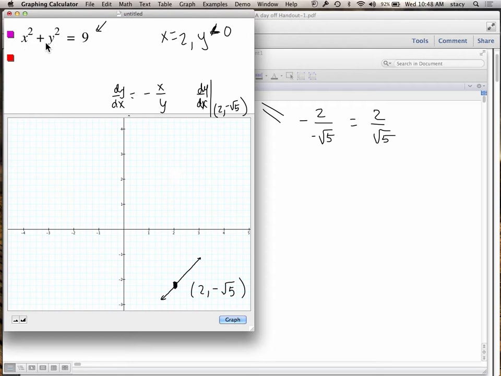I'm going to start calling on people again. Harrison, are you here? Equation of the line? For this, I want the equation of the tangent line at the point 2, negative root 5, for the curve that we're talking about.